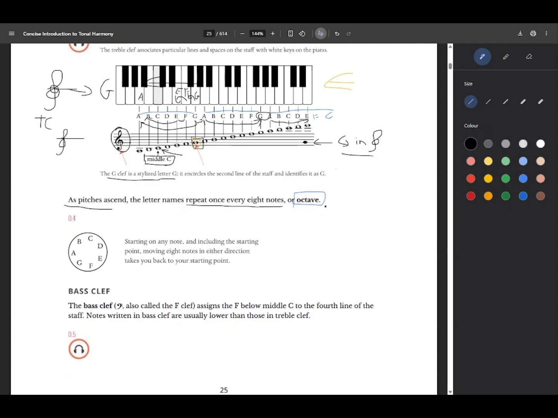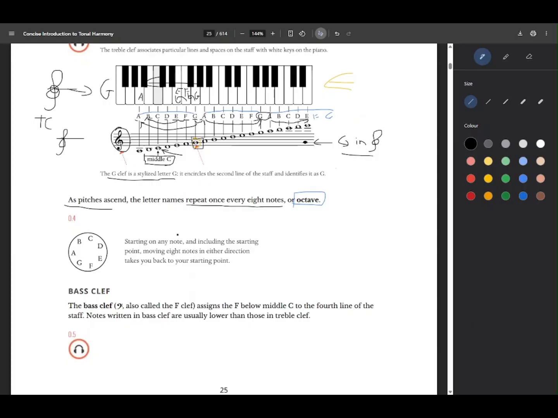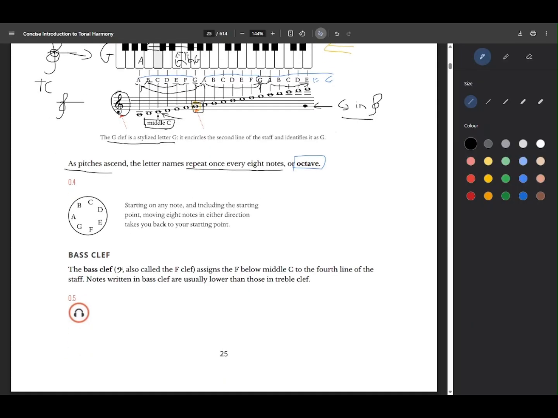So each octave contains 8 notes. We start at our A, and we go B, C, D, E, F, G, and we wrap back around to the A. So we have our 8 notes. We always double the one we start on. We're going to see that. If this is seeming a little bit complicated, this should hopefully clear it up here.